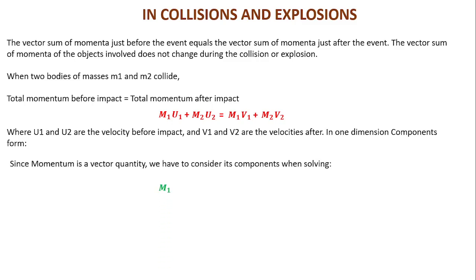When you talk of the x component, it can be written the way I'm writing there: m1 u1x, meaning the x component of the initial velocity of m1, then m2 times u2x, which is the x component of the initial velocity of body 2. The same applies with the final velocities. So when you're making calculations, make sure that you consider the vector components.